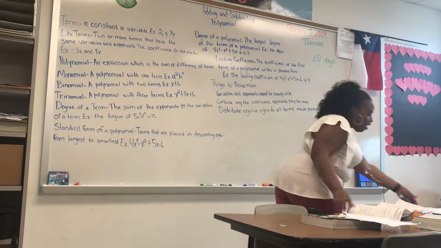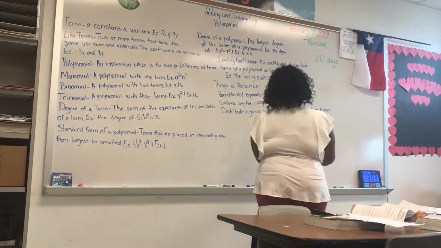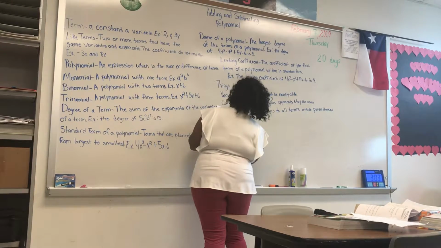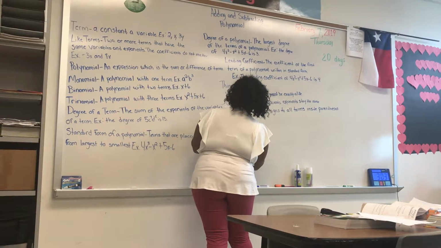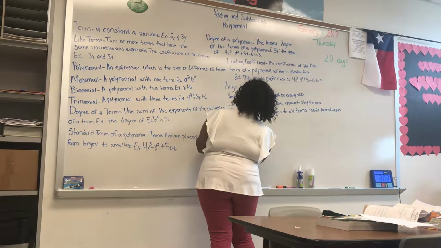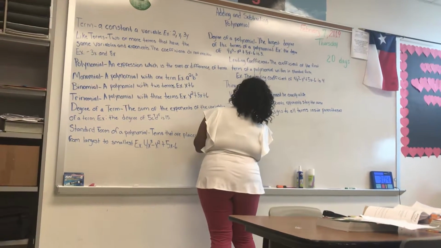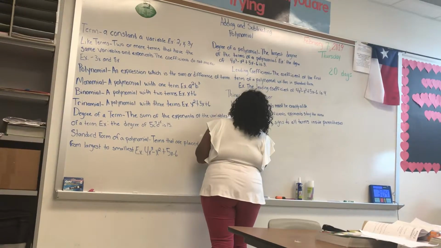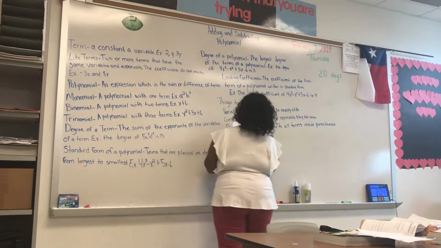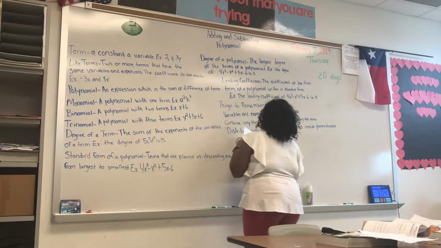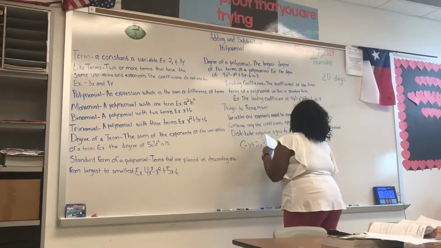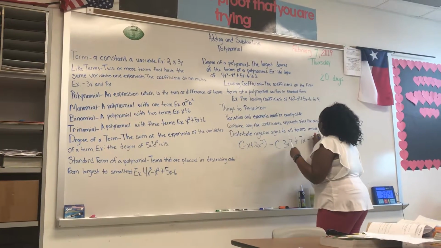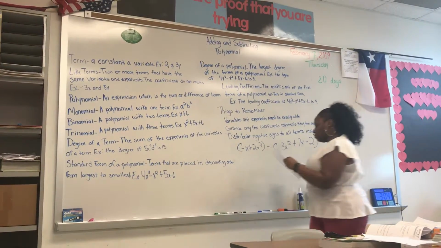All right, so let's get our next problem. Our next problem is negative x plus 2x squared minus 3x squared plus 7x minus 2.